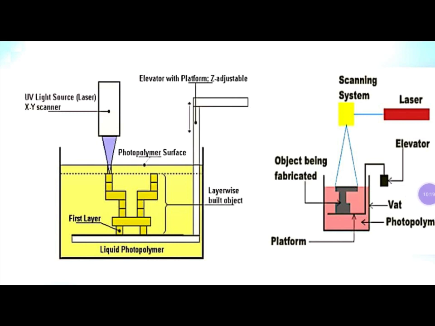The figure shows the photopolymerization technique. Here we can observe two figures. In these two figures, the object that is being fabricated is of different shape.